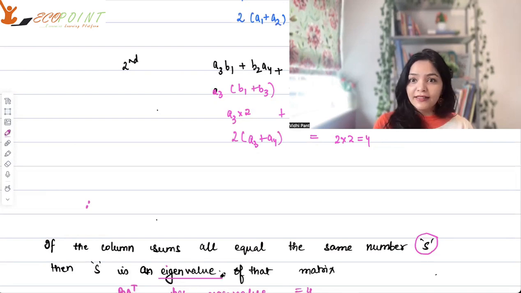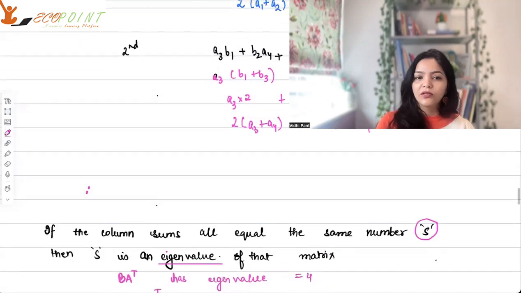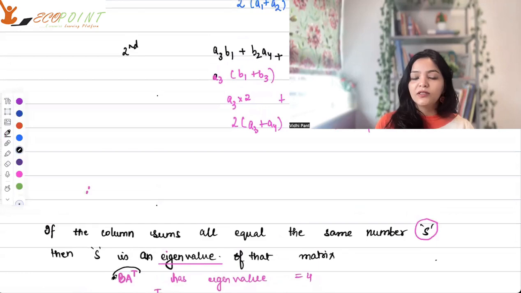So in our case, this means 4 is an eigenvalue of this matrix. Which matrix are we talking about? The matrix that we are talking about is BA transpose.